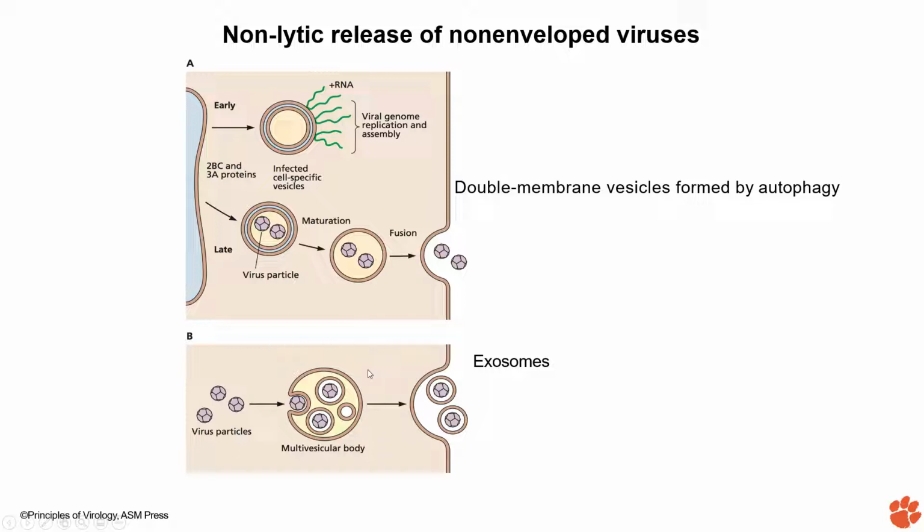On the other hand, say hepatitis C viruses, this is a very unique process. The viral particles are associated into this multivesicular body. We already talked about this. This multivesicular body is a vesicle inside a vesicle. You can see that each virus particle is enwrapped in a vesicle, and they are inside a larger vesicle. The large vesicle fuses with the plasma membrane, and the viruses are released with these vesicles with the virus inside.